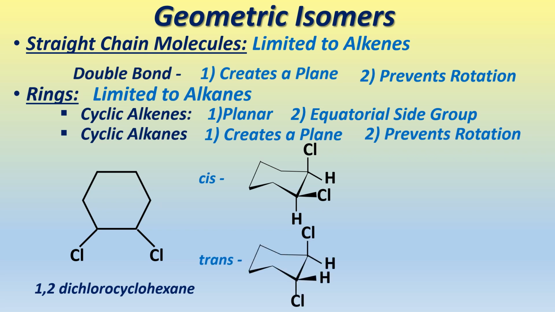One chlorine could be axial while the other one is equatorial, or both of them could be axial but on opposite sides. The first case creates, with both chlorines essentially on top, for want of a better word, a cis configuration. The second case, where one chlorine is pointing up and the other's down, is a trans configuration.